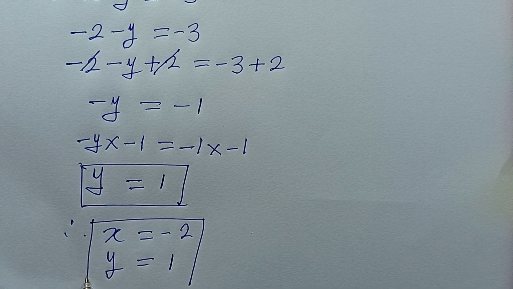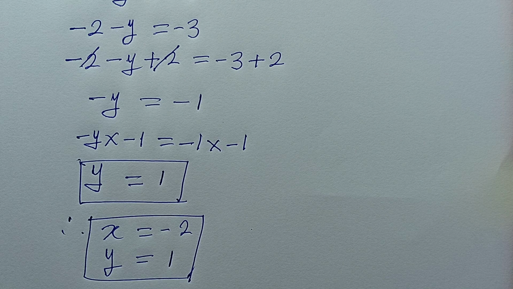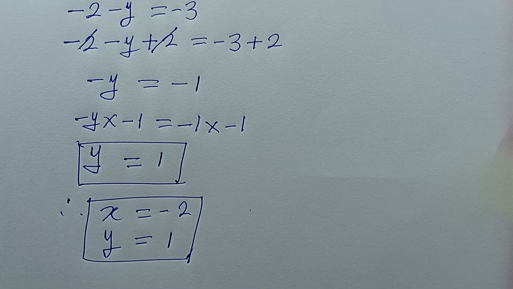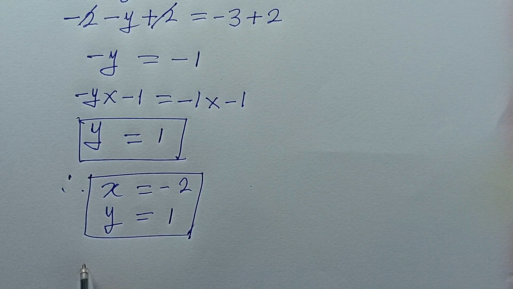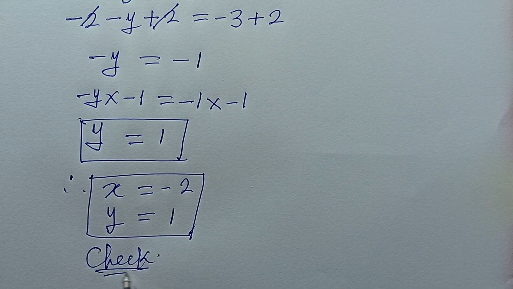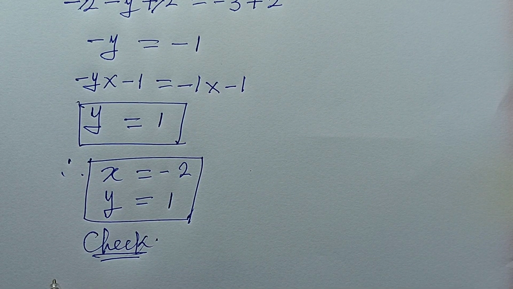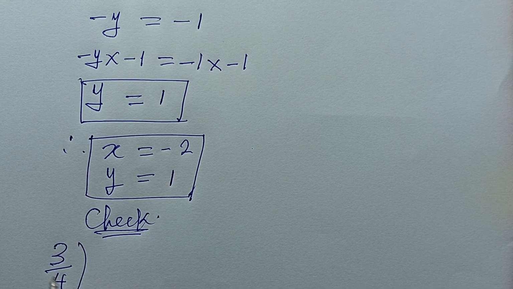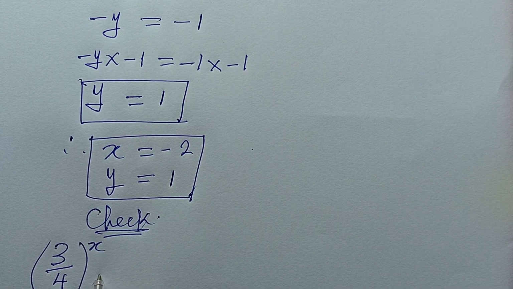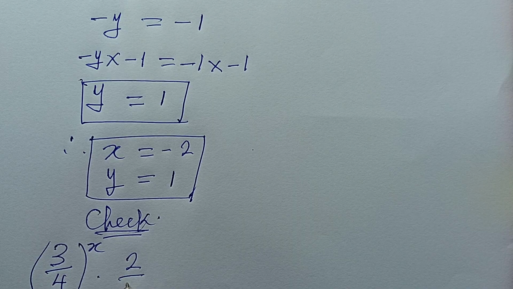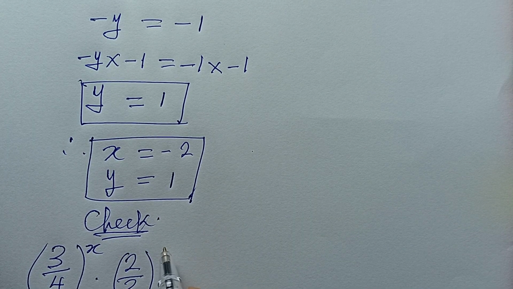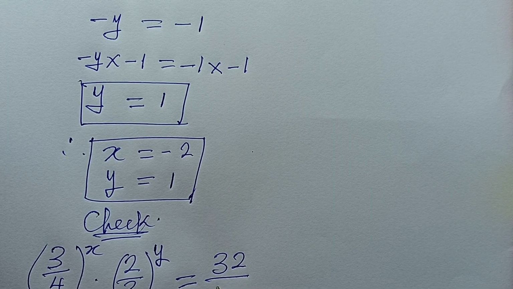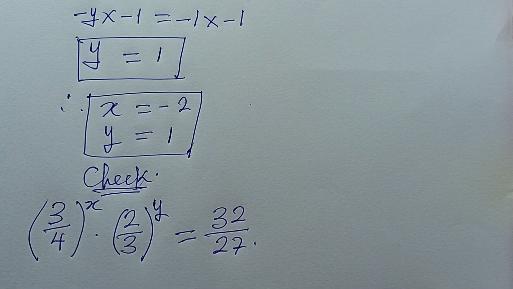But in our usual manner, we want to do a simple check to see if the answers we solved for actually satisfy the original equation. So let's take our check. Our equation is 3 over 4, all raised to the power of x, times 2 over 3, all raised to the power of y, equal to 32 over 27.